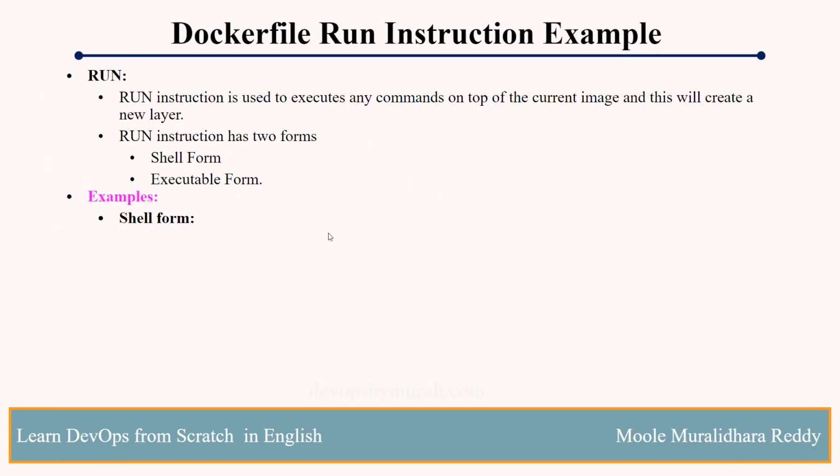Example, if you see here, in shell form I'm using RUN yum update, which means it will run the yum update command. In case you want to start HTTP, you can use RUN systemctl start httpd. Remember here I'm using yum, which is supported only on Amazon Linux, CentOS, and Red Hat. In case it is Ubuntu, instead of yum you have to use apt-get or apt.